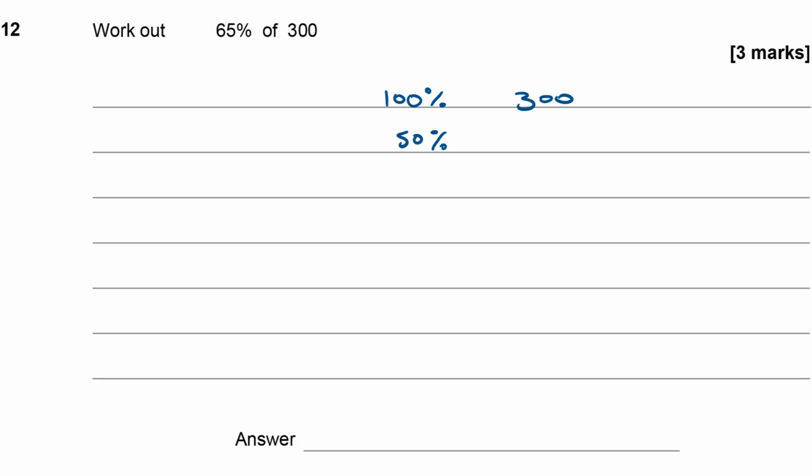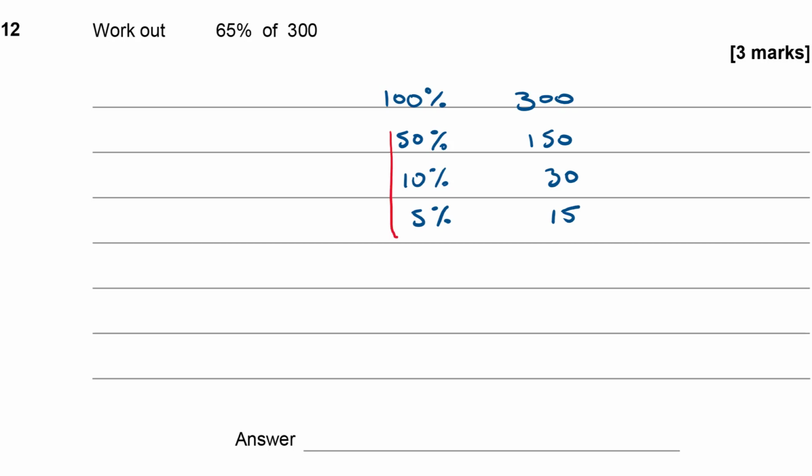So half of 300 is 150. If I take 100% and divide it by 10, I'll get 10%. 300 divided by 10 is 30. And if I take 10% and halve it, I'm going to get 5%. Half of 30 is 15.